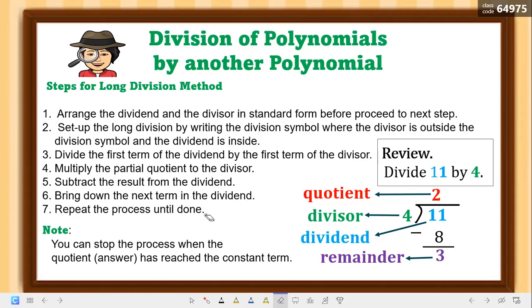But the question is, kailan ka titigil? Eto yung sagot. Note, you can stop the process when the quotient, yung sagot natin, na-reach na natin yung constant term. Pag nakita mo na yung constant term, tapos na ako. Pag hindi pa, repeat the process. Yun yung ibig sabihin ng step number 7.